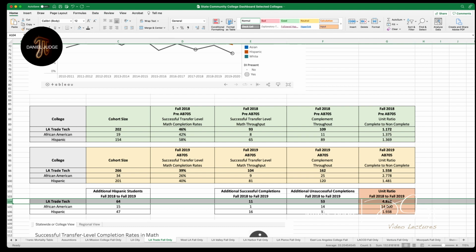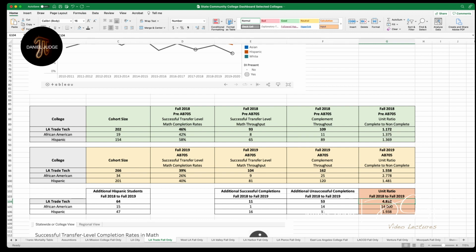Highest GPA, completed math English courses, and so on, right? They gave access to an additional 64 students, and that's a wonderful thing. And of the additional 64, they got throughput of 11. An additional 11 students got through. What aren't they telling you? 53 did not get through. What's the unit ratio? 1 to 4.818.